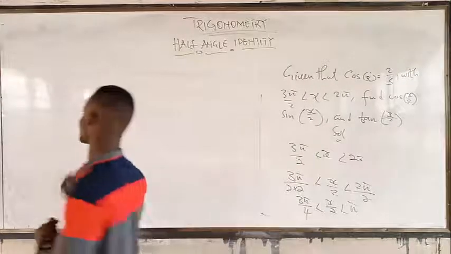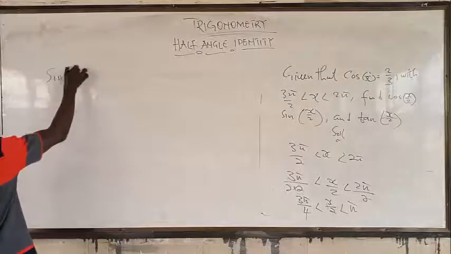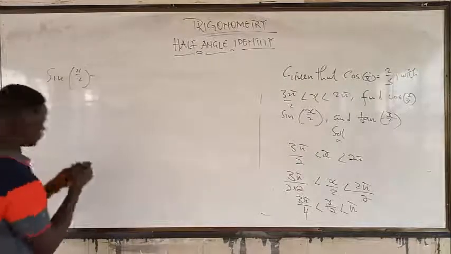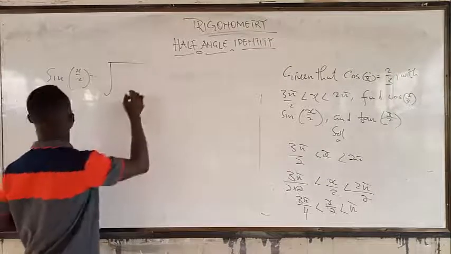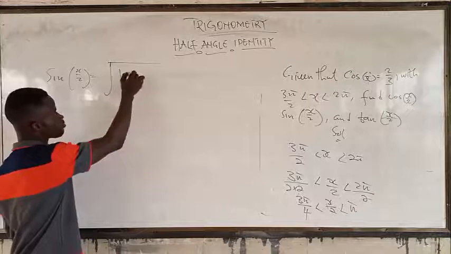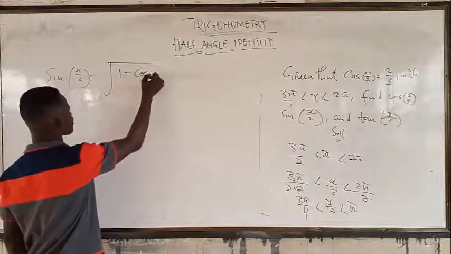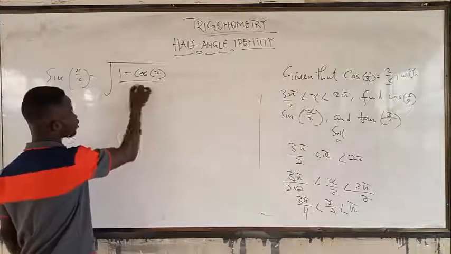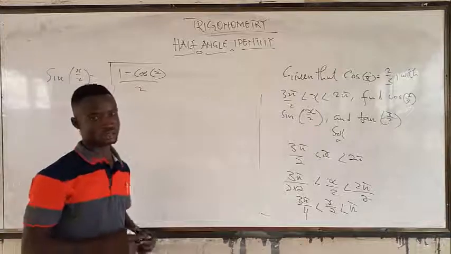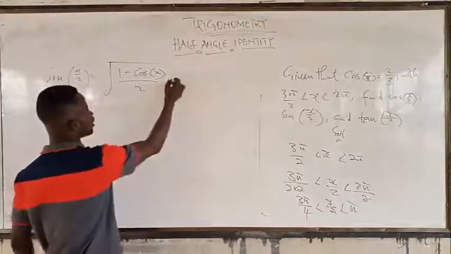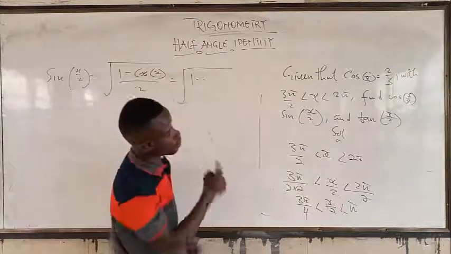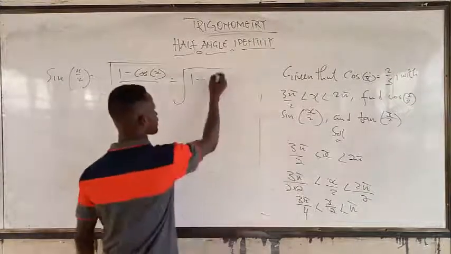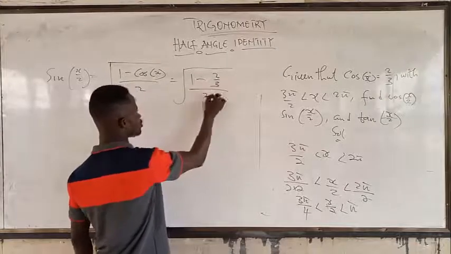Okay, so we know that sine X over 2 will be the square root of 1 minus cos X over 2. And we are given that cos X is 2 over 3. All this over 2.